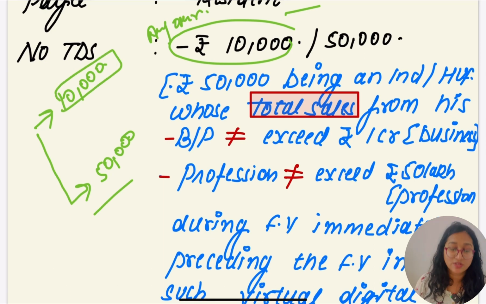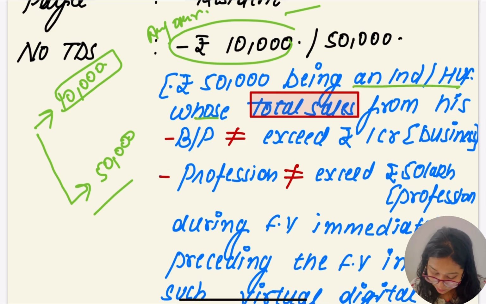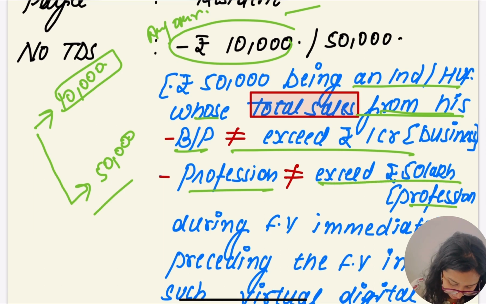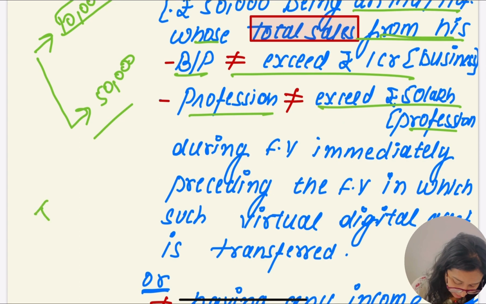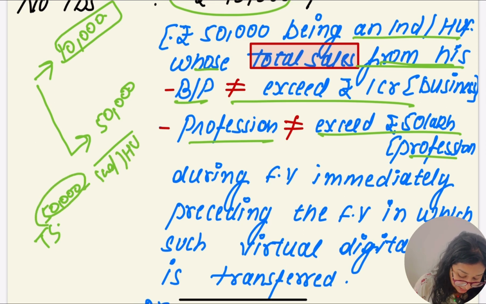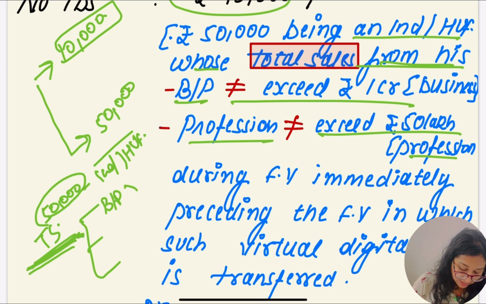Let's go for the 50,000 limit, which says being an individual or HUF whose total sales from business or profession do not exceed 1 crore. Remember? From business, do not exceed 1 crore, and 50 lakh from the profession. So this point we are familiar with. We are talking about the individual and HUF whose total sales, again from business and profession, do not exceed 1 crore from the business, right?